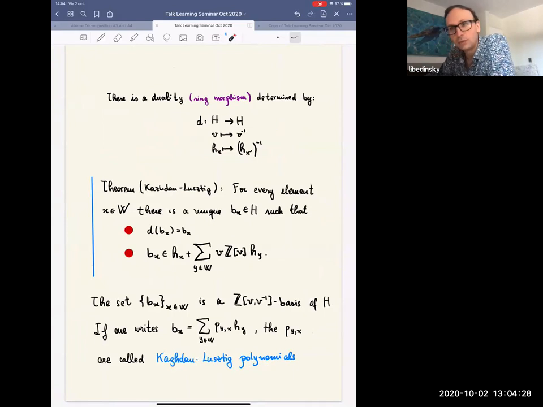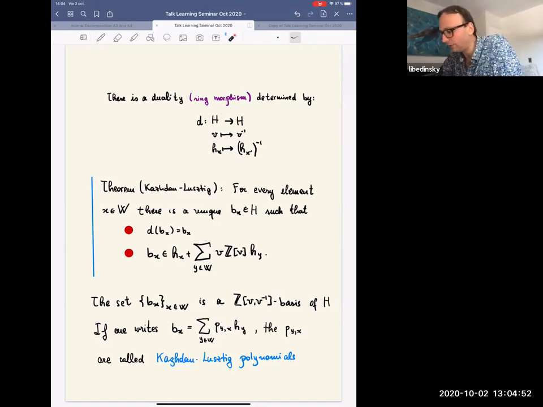Then we jump to Kazhdan-Lusztig theory. There is a ring morphism from H to H that can be defined sending v to v^-1 and H_x to (H_{x^-1})^-1.